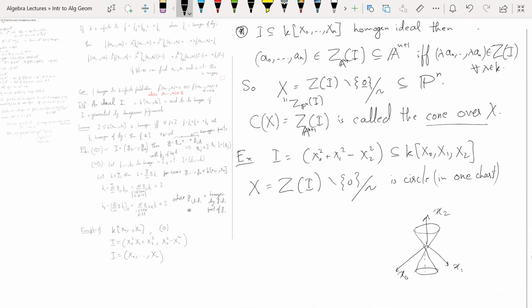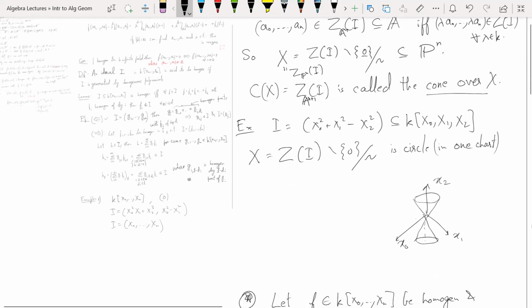This is the affine coordinate ring of A^3, or if you like, the homogeneous coordinate ring of P^2. So the zero set of I is going to be a one-dimensional object if you are thinking projectively, and if you are thinking in terms of affine, it's two-dimensional.